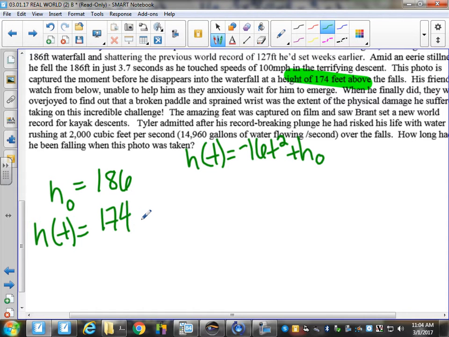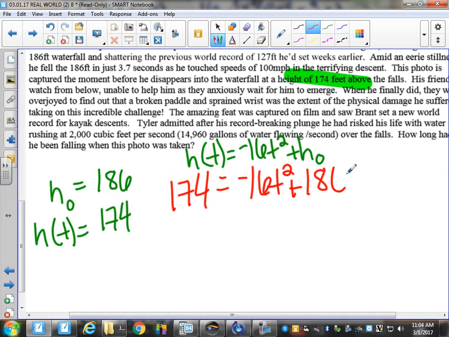So what's the next thing we're going to do? We have our h naught and we have our h of t. Plug everything in. We have 174 equals negative 16t squared plus 186. What's my next step?